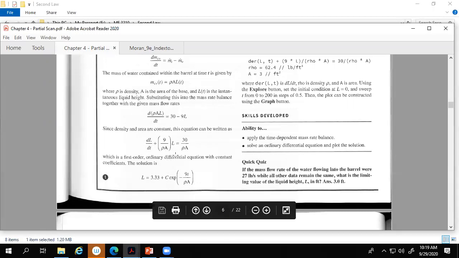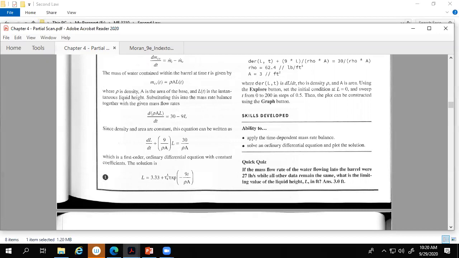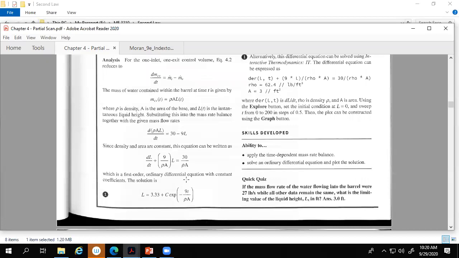If we take this constant divided into this, we come up with 3.33. And then we get a constant of integration times the exponential of the minus of this coefficient. And that's our solution. Not too bad.